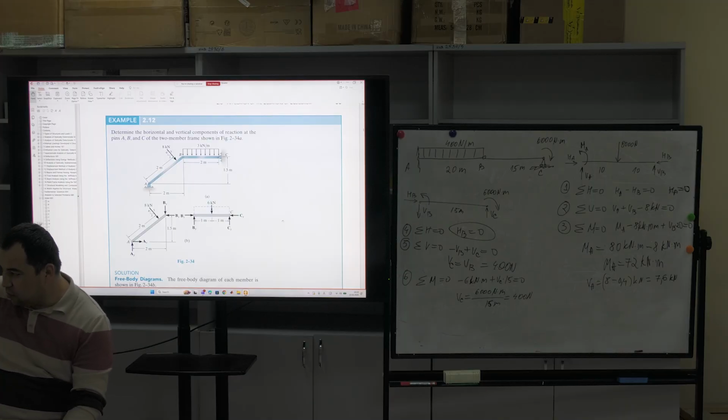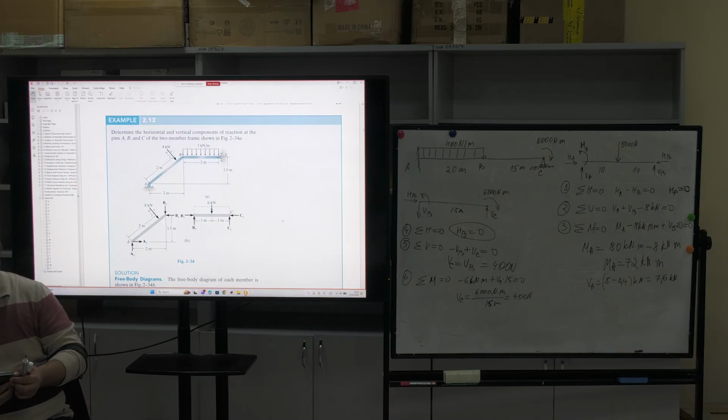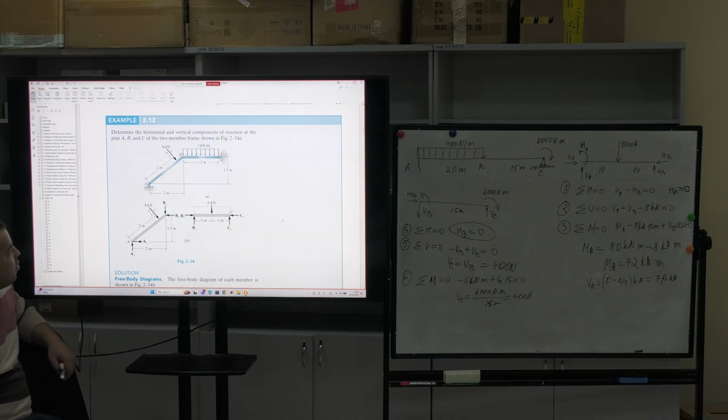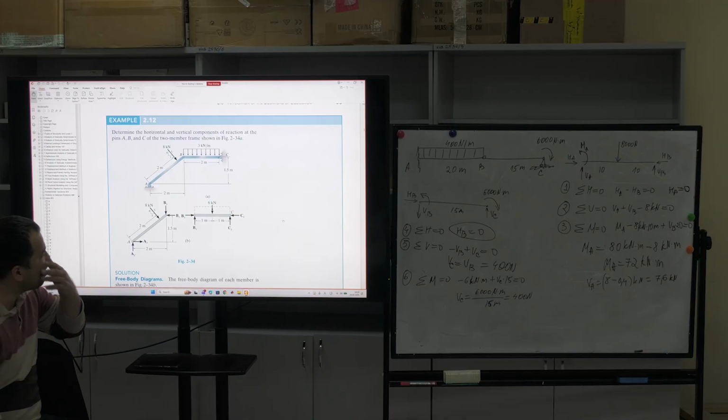It is the same problem with an angle, and there are two separated beams. We have to identify the reaction forces for both cases. How many reaction forces exist here? Look.